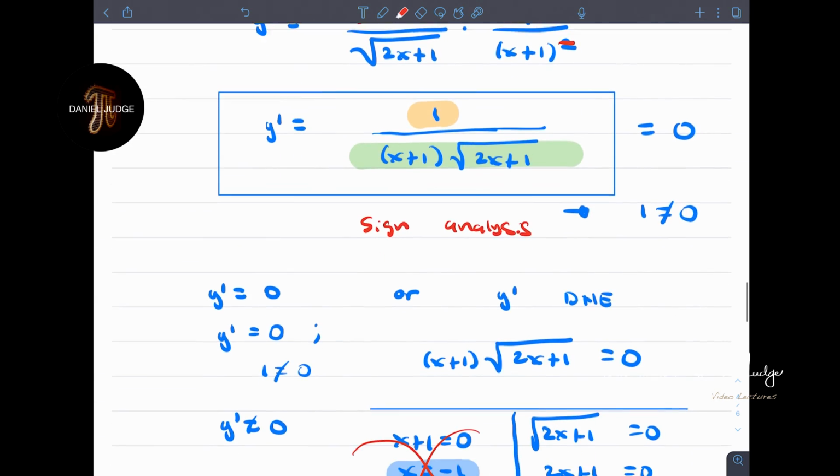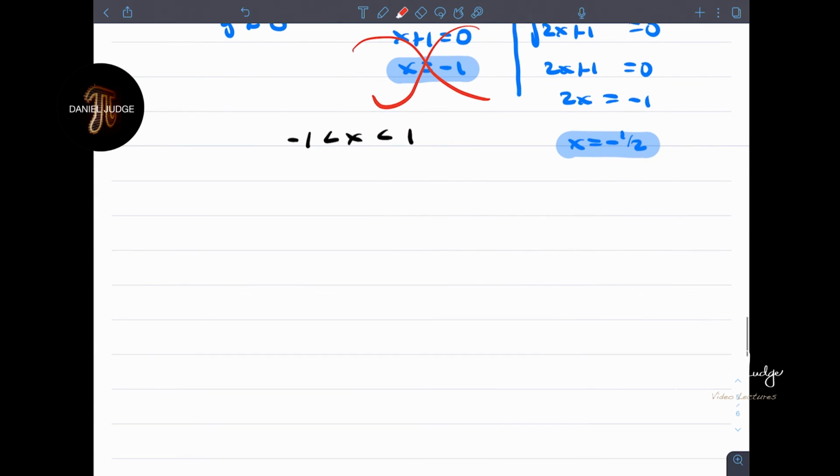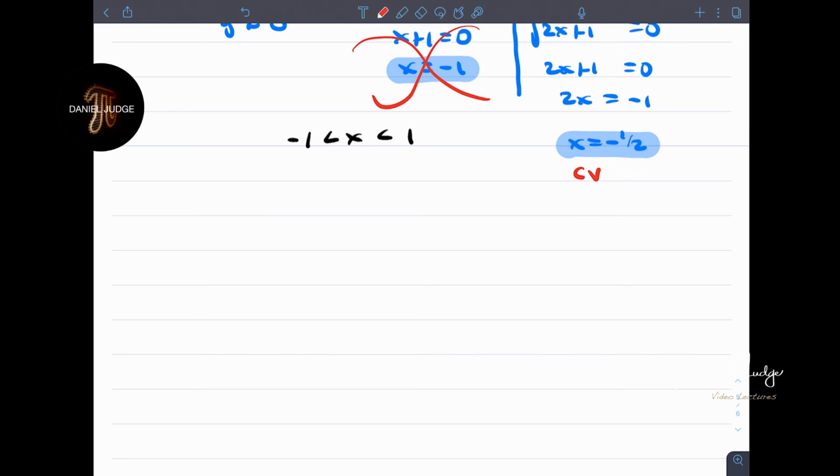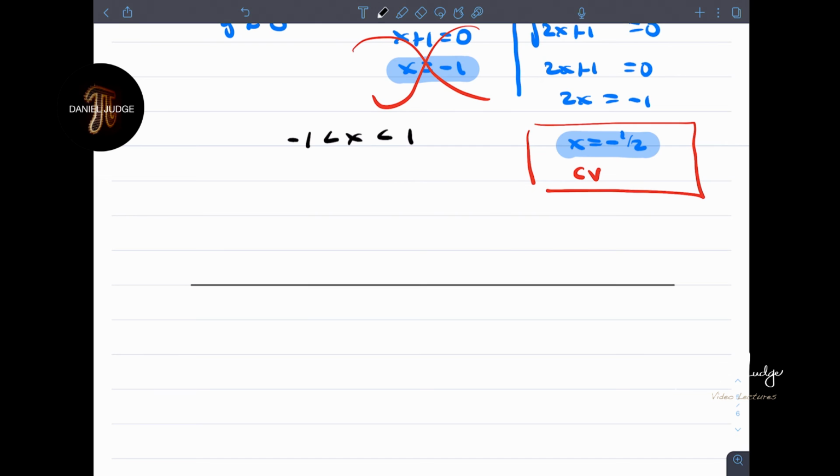So what you'll have to do here, ladies and gentlemen, is notice that you have one critical value. X can be negative 1/2. So here's my critical value. All right, so trying to find sign analysis here. Here's 0, here's negative 1/2.